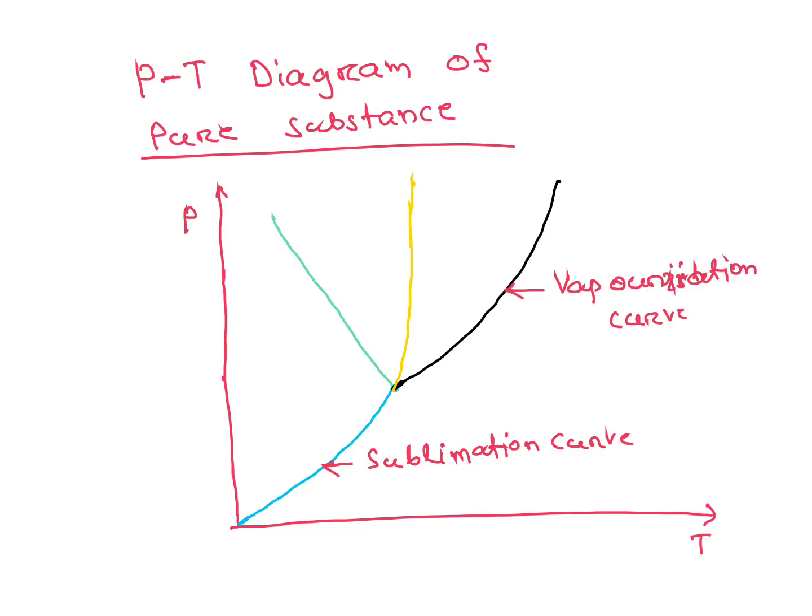This one, green color, is the fusion curve. Here is the critical point. It's the triple point.